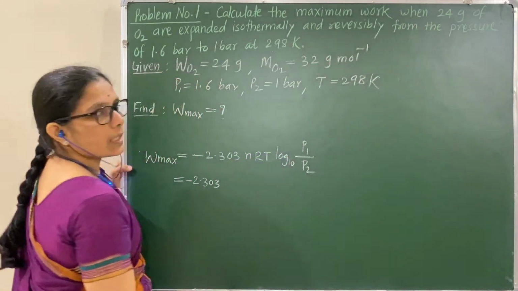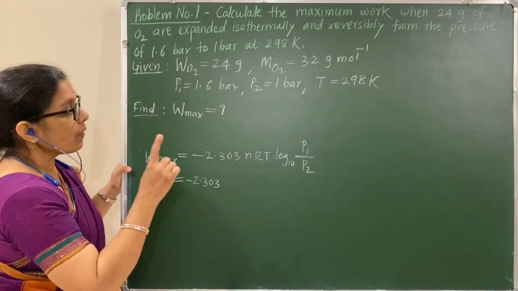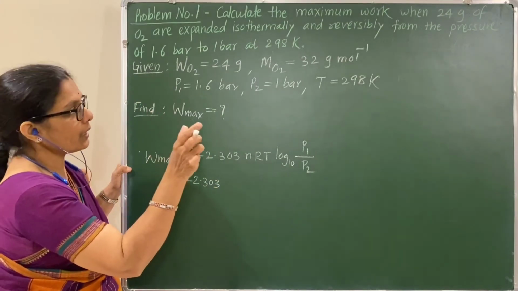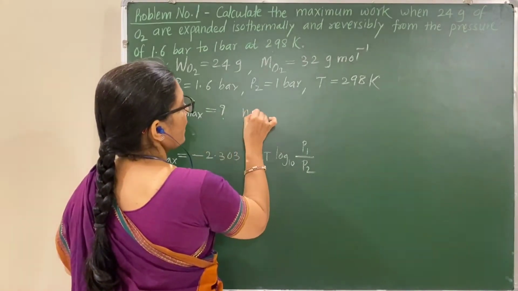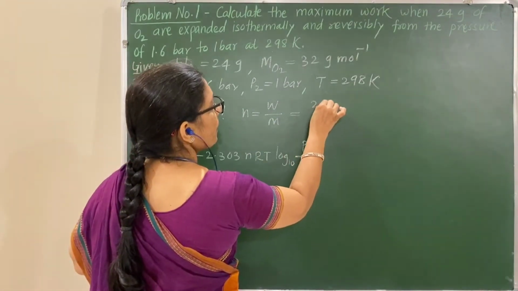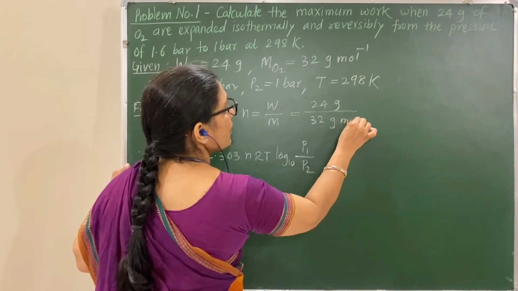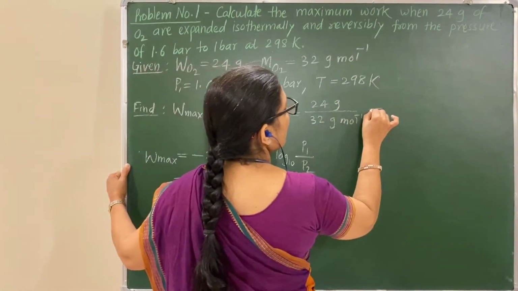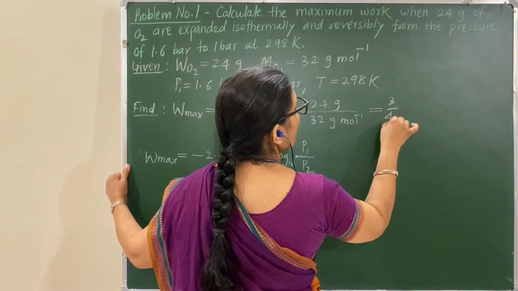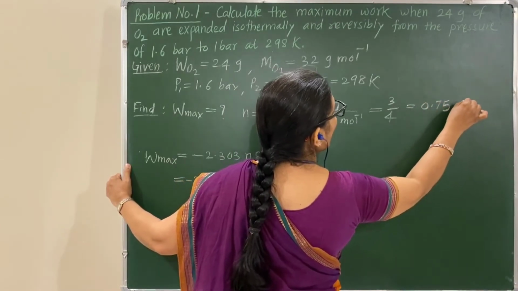Now find the number of moles. Always find the number of moles separately here. Therefore, n is equal to W upon M, here 24 gram divided by 32 gram per mole, which is 3/4, that is 0.75 mole.